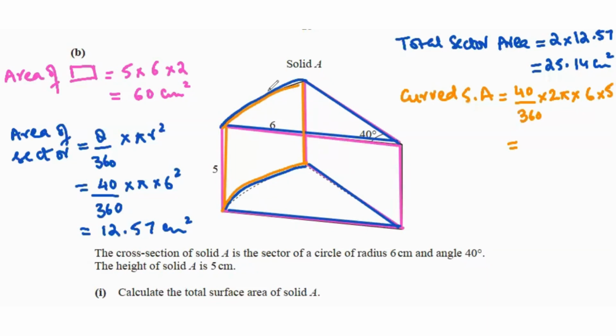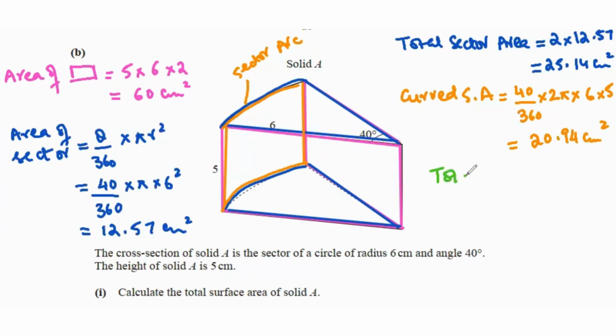Basically, this curved part is your arc of the sector. This is your sector arc. So sector arc times this height 5 will give us the curved surface area of this entire curve. So that's going to equal 20.94 centimeters square.